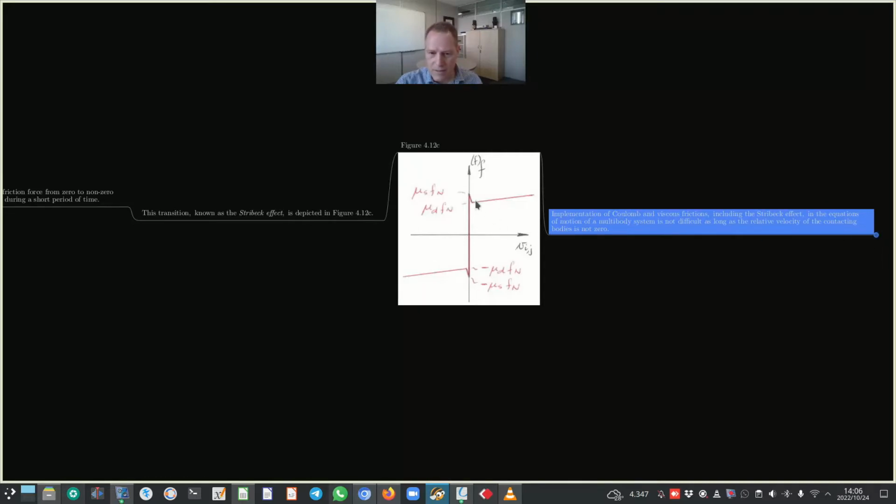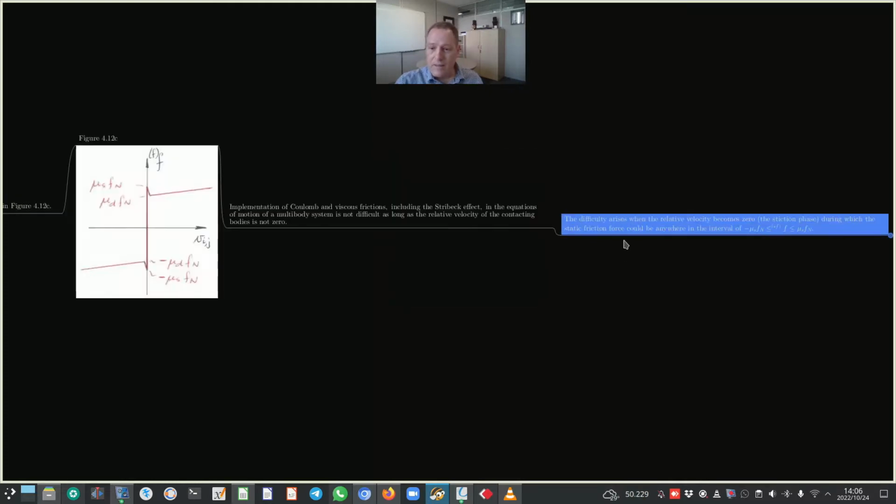Okay, but how do we handle, that's now the question, how do we handle this momentarily stationary relative velocity? The difficulty arises when the relative velocity becomes zero, the stiction phase, during which the static friction force could be anywhere in the interval from minus mu s Fn less than or equal to the static friction force less than or equal to positive mu s Fn.